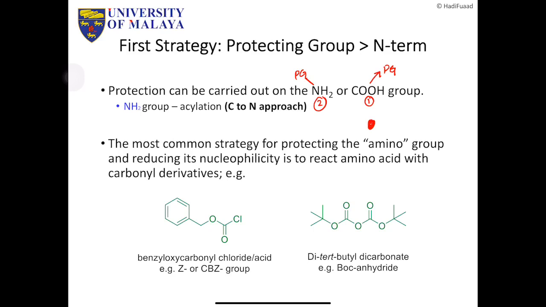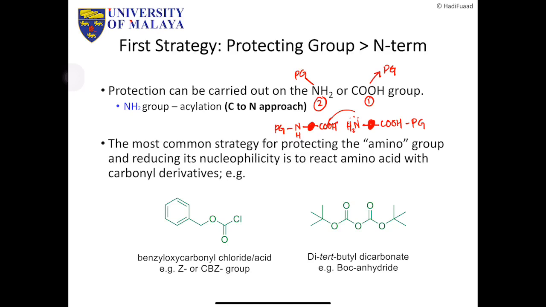So you have the first one with COOH protected and a free amine, and for your second amino acid you have a free carboxylic acid with an amine protected functional group. This way you can have the reaction going.